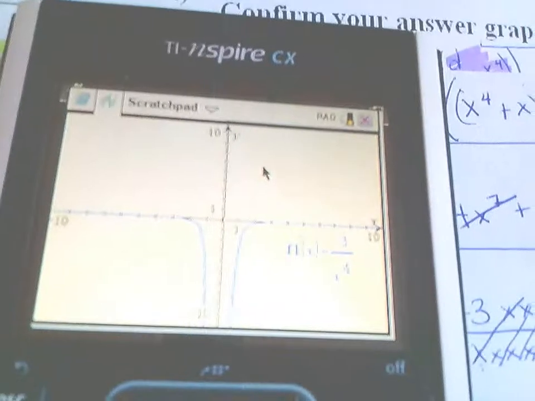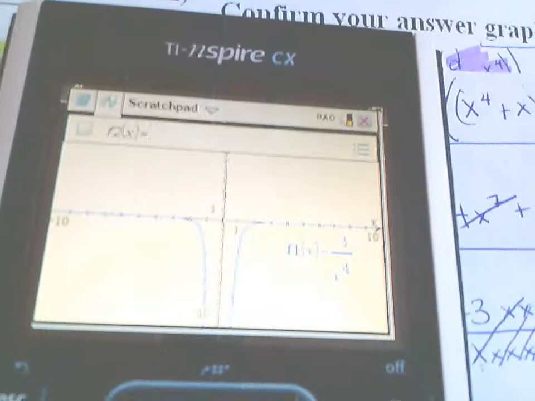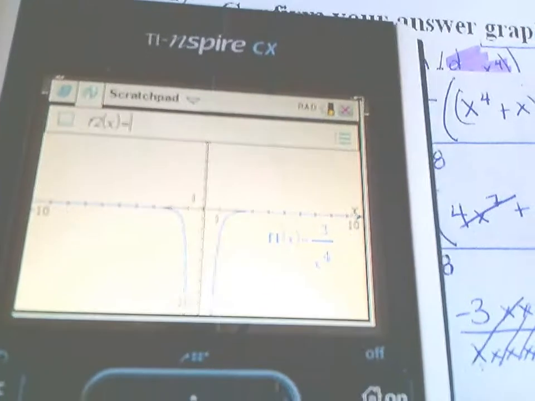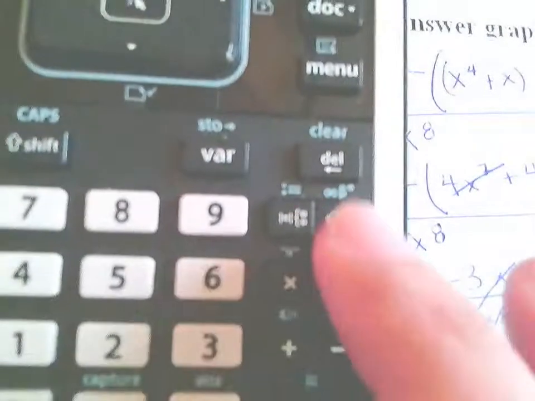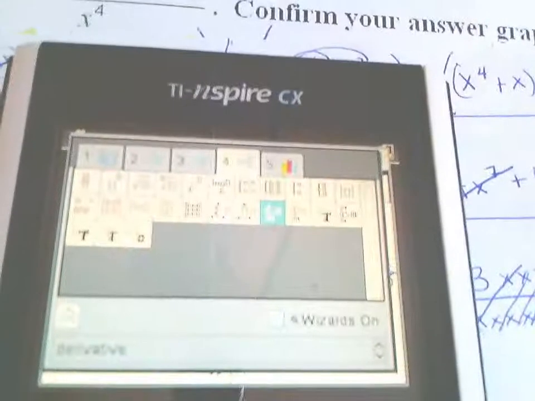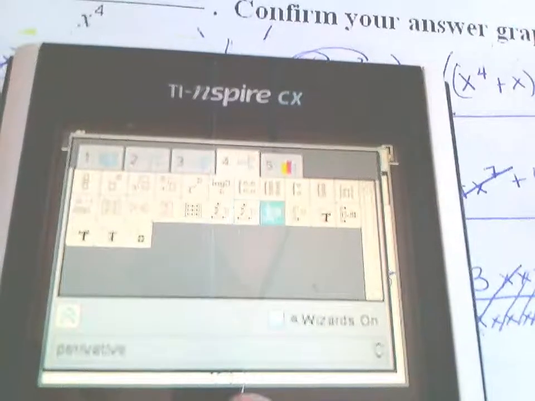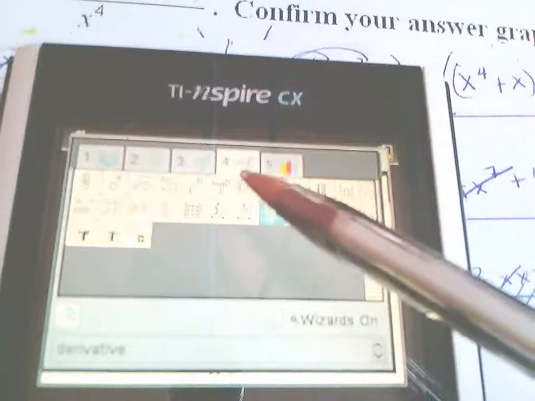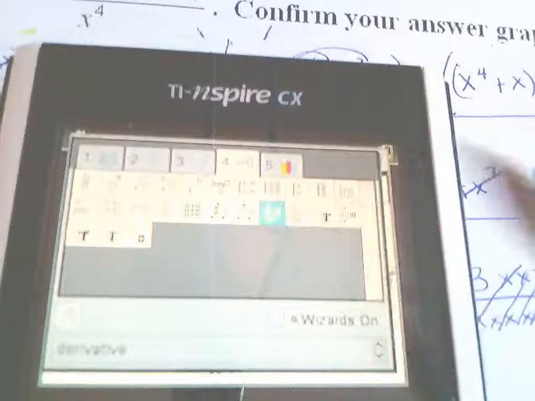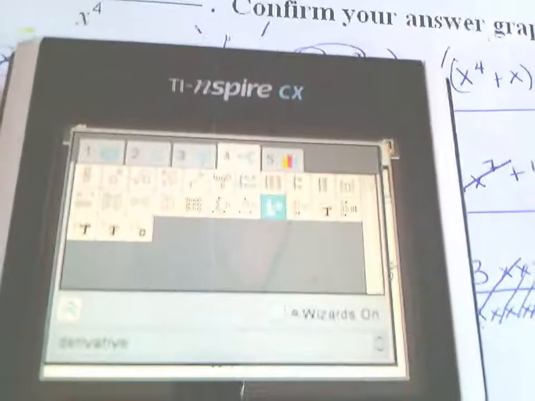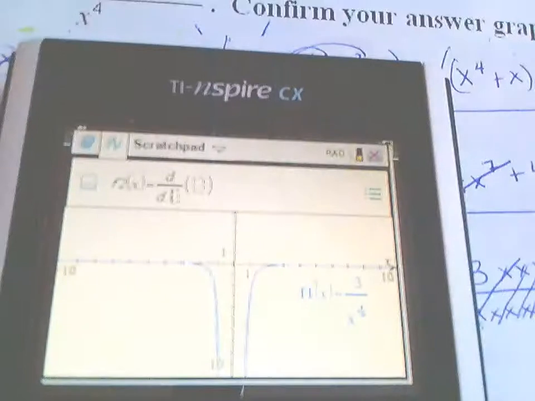And now I'm going to tab, and I'm going to use the derivative function in my calculator. So basically, what I'm going to do is I'm going to go to the book button. I'm going to click that, and I'm going to get all of these options, and I'm going to go to number 4. You can barely see it, but then there's a derivative here. You can't see that. It's very hard. I don't know why. And I press enter.